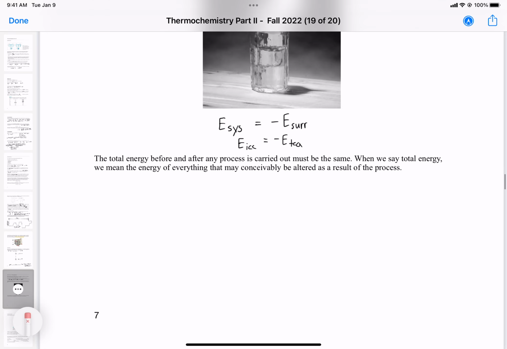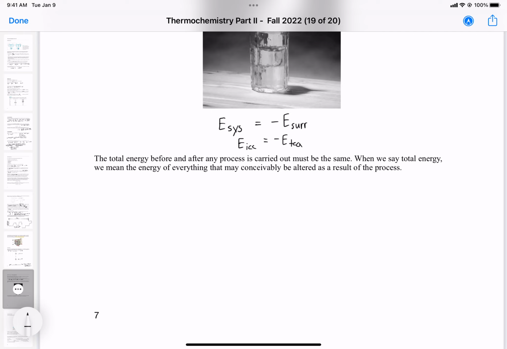Okay. So the total energy before and after any process is carried out must be the same, right? When we say total energy, we mean the energy of everything that may be altered as a result of the process. We usually call that the system.